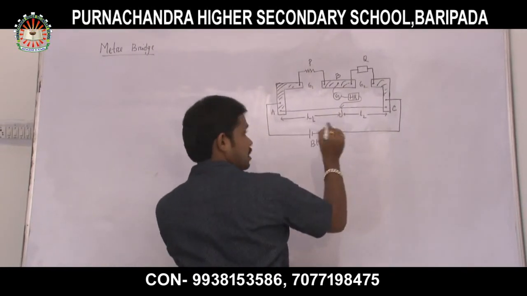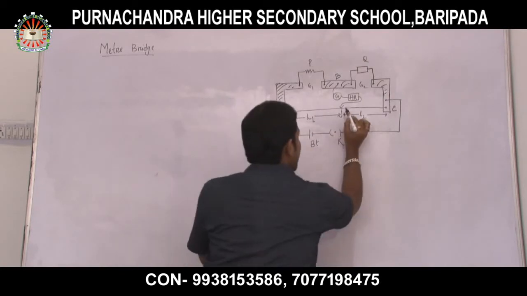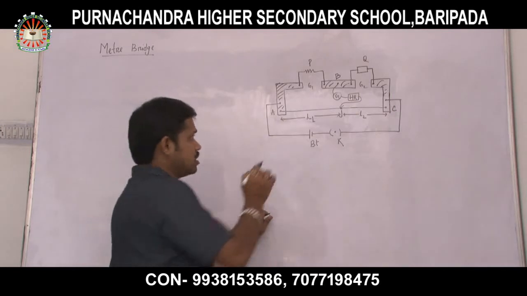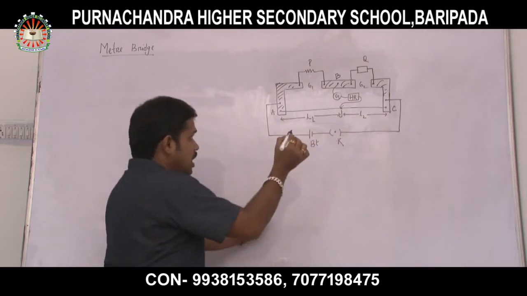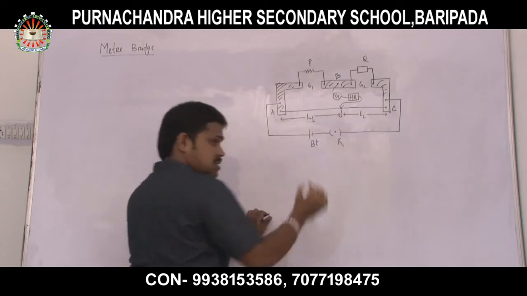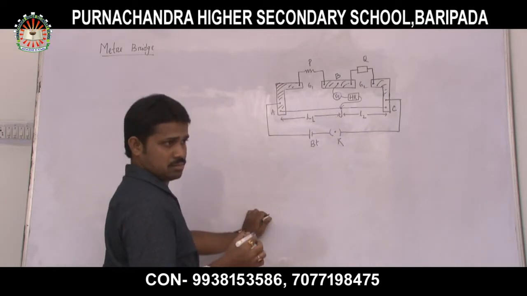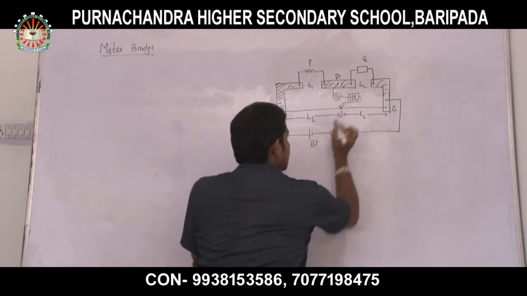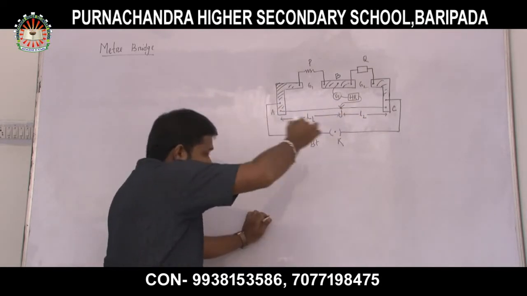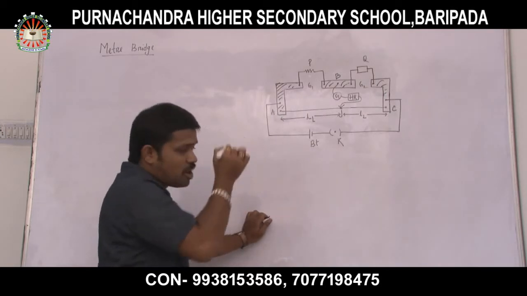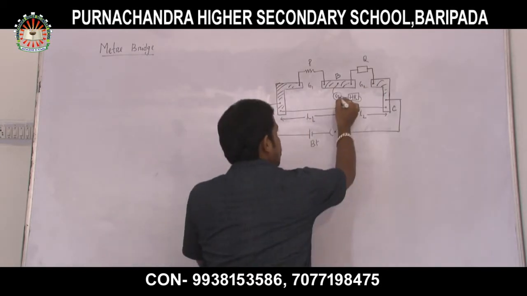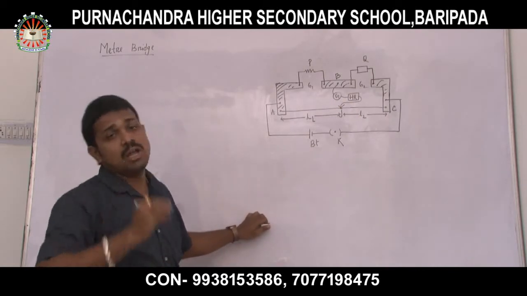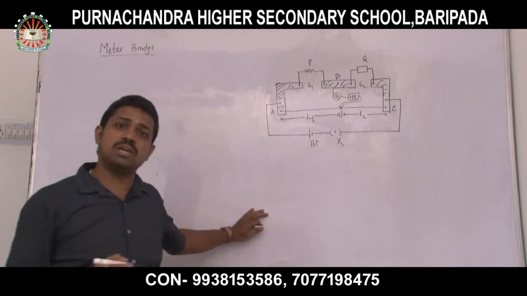Our aim is, very carefully, to adjust this jockey, the point J, at some point of AC in such a way that the current through the galvanometer becomes zero, as we performed in the Wheatstone bridge.